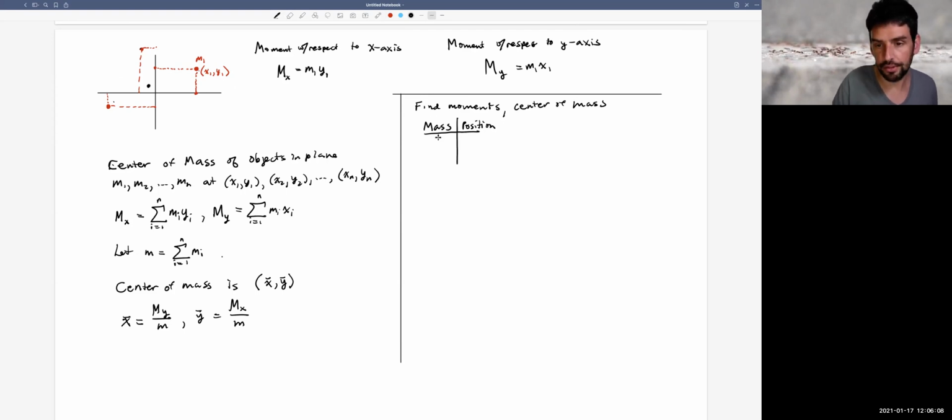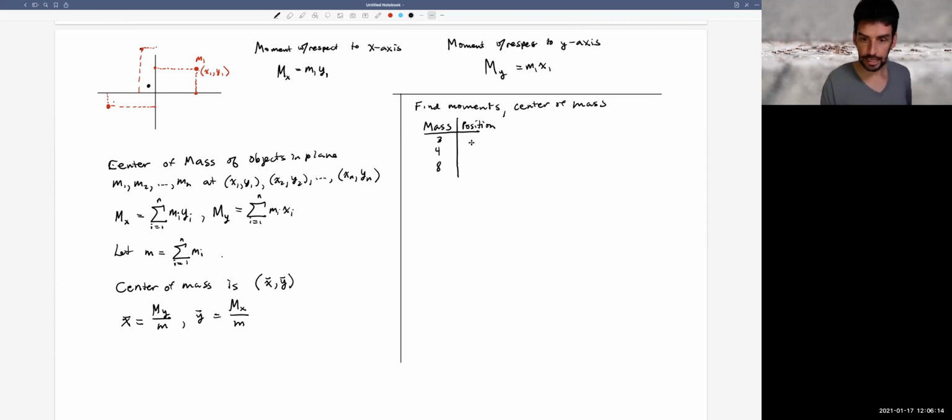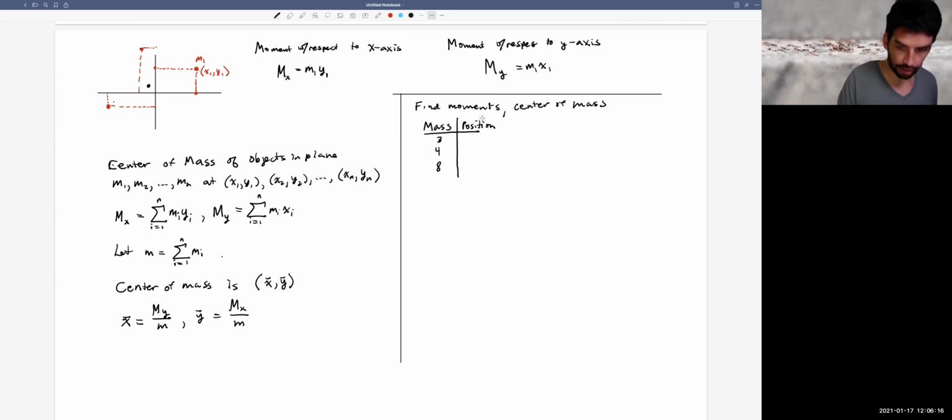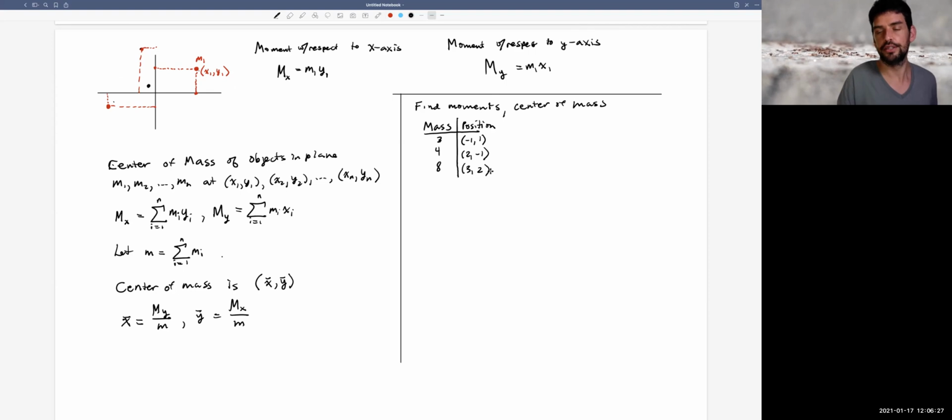So I had 3, 4, and 8. And the positions are -1, 1, 2, -1, and 3, 2. Okay, so I'll sketch it first.